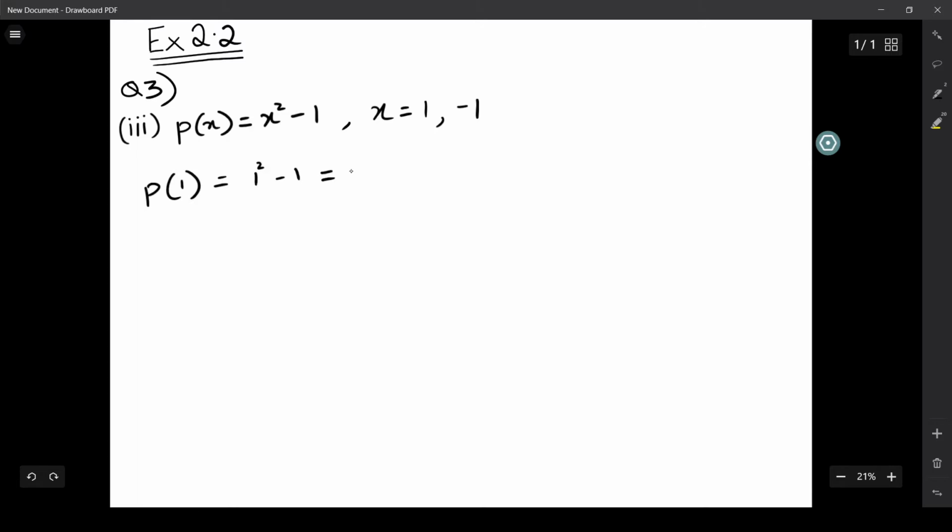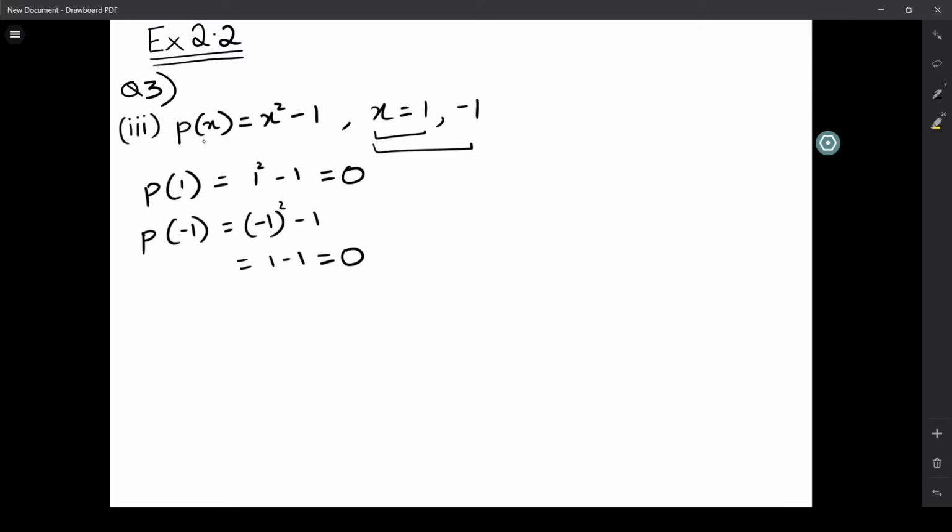So this brings us 1 square minus 1 is equal to 0. And the other value of x, p of minus 1, here we have minus 1 square minus 1, which also gives me 1 minus 1 equal to 0, which means both x equals to 1 and x equals to minus 1 are zeros of this polynomial.